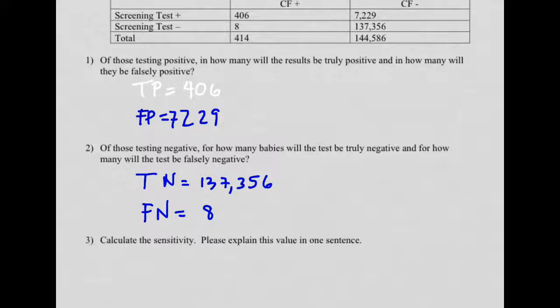So calculate the sensitivity. So the sensitivity, right, is going to be our true positives divided by basically all those who are positive in reality. So those are our true positives plus, sorry, I shouldn't use positive twice that way, our false negatives.